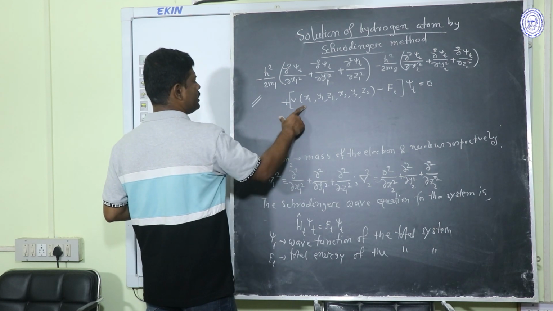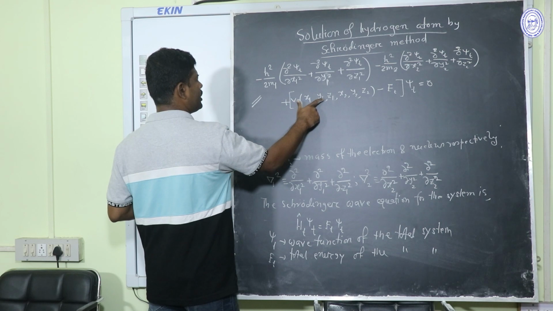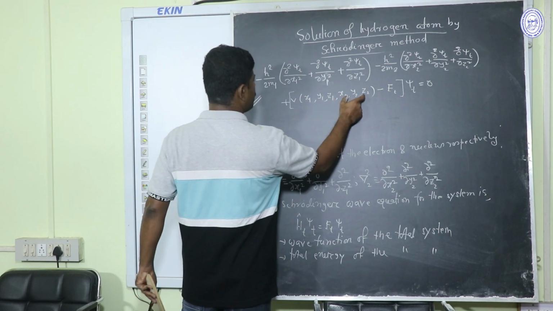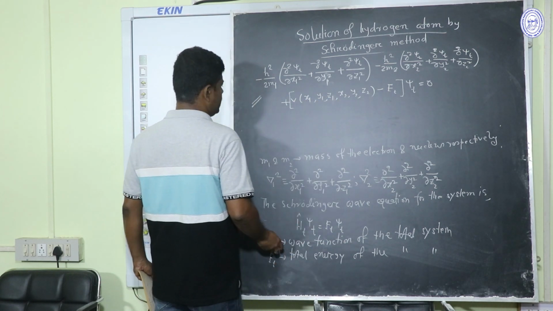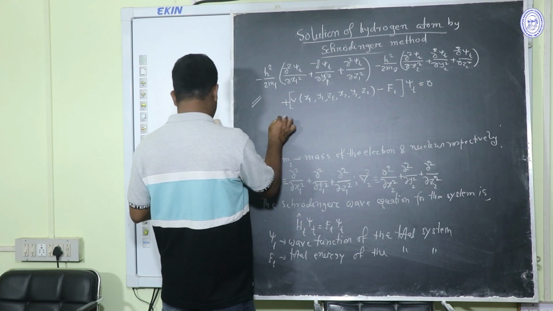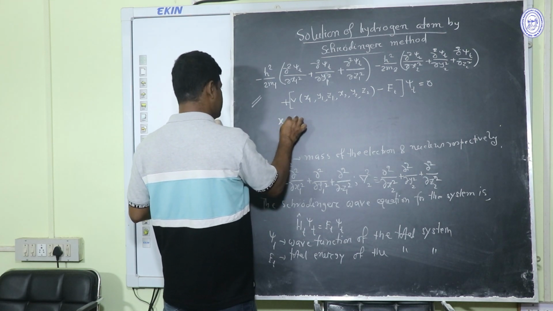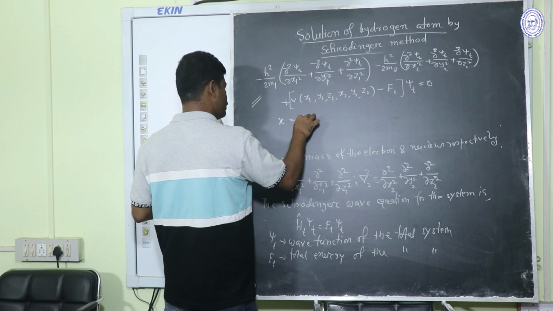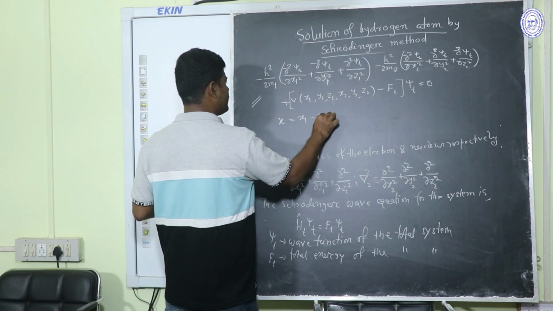And the potential energy of the system is a function of 3 coordinates of the electron and 3 coordinates of the nucleus. Now we define 3 relative coordinates: small x is equal to x1 minus x2.